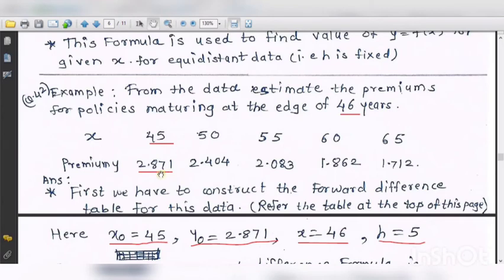If you observe here, the values are decreasing. The first value is 2.8, then 2.4, and what we are getting is 2.7. So it lies between these two values, 2.8 and 2.4.